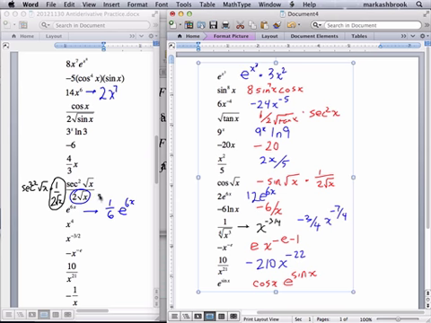What would it be? So give it a shot. Tangent of the square root of x. And how can you see if you're right? Take the derivative. So what would the derivative of this be? Secant squared of square root of x times the derivative of the square root of x. There it is.